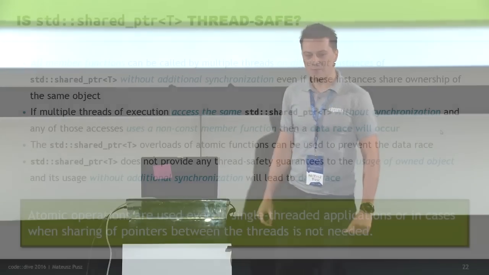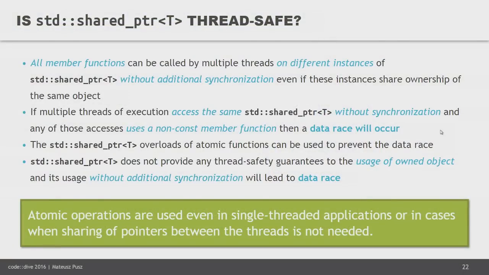All that magic of the synchronization in shared pointer state is done by atomic operations. And those atomic operations do not come for free. This is why you've seen those lock instructions in the assembly code, and they will be there even if you are running only a single-threaded application, or even if you're running multi-threaded applications but never share data between threads.